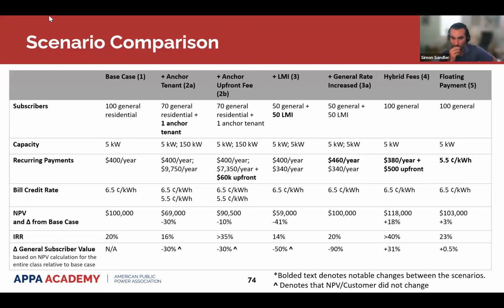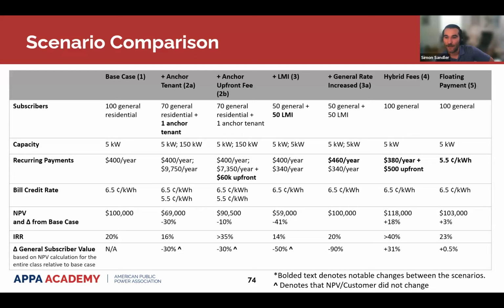Which option had the typo? Great question, Joe. It was just in the third scenario here in that middle column, LMI 3. It said that the LMI customers were subscribing to 150 kilowatts, which is actually what the anchor tenant was.